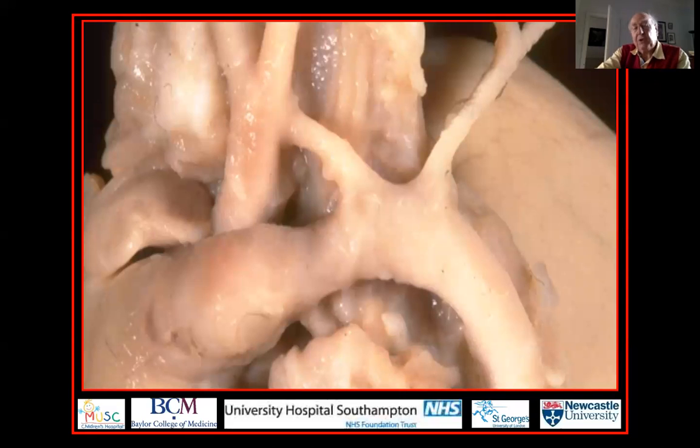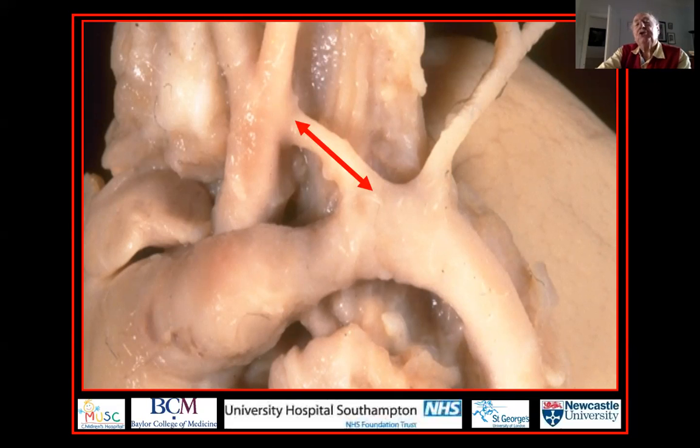But we can also have tubular hypoplasia. And now in this particular specimen, you see the importance of that cranial movement of the subclavian artery derived from the seventh cervical intersegmental artery.